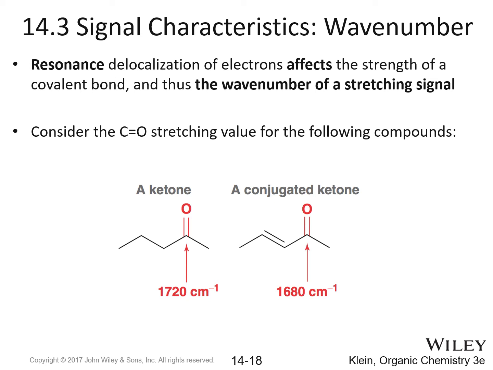For example, if we look at a ketone, which only has one resonance structure, versus a conjugated ketone, you could push the arrows there, and you could also push a second set of arrows there. You could have 3 resonance structures for a conjugated ketone versus 2 resonance structures for a regular ketone.